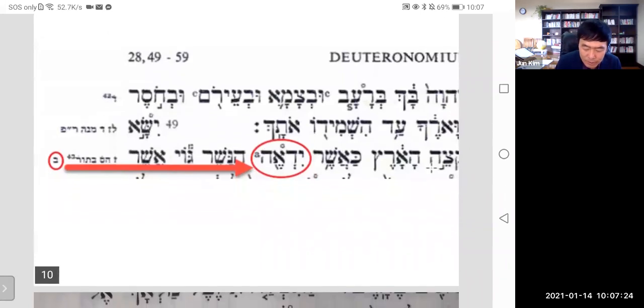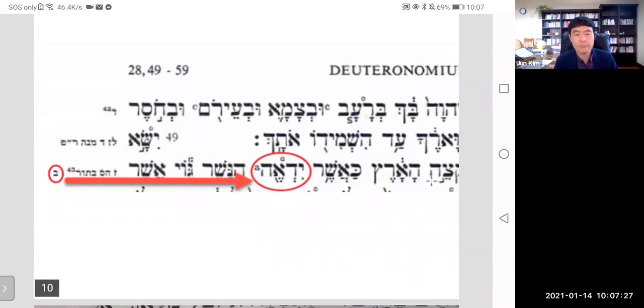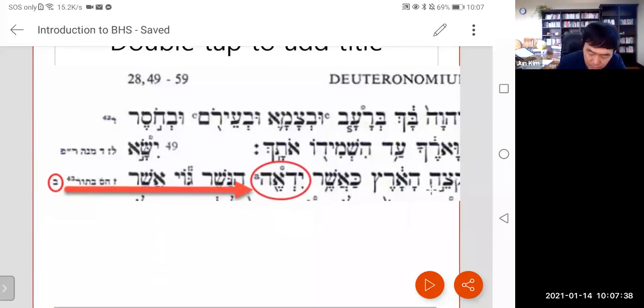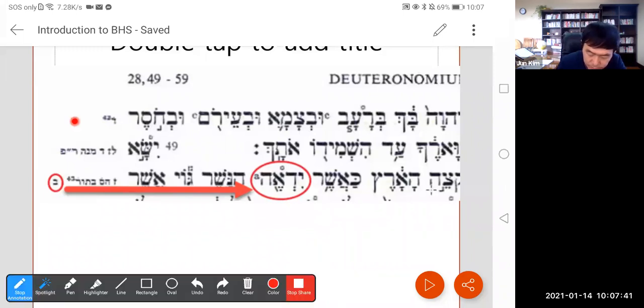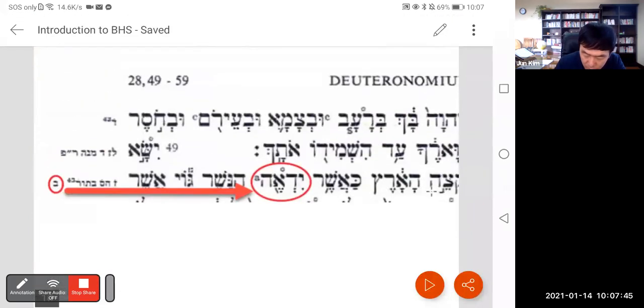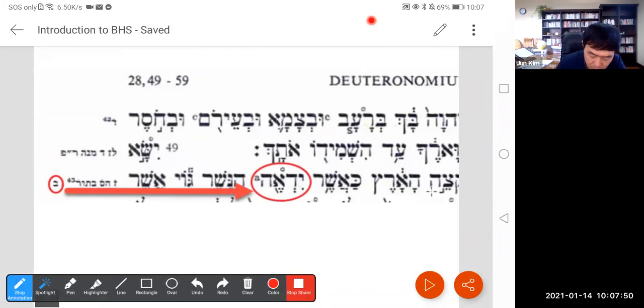So now I'm showing you another one. As you can see, this is a better explanation. I highlight this one. You can see that this word comes with a small circle over it.